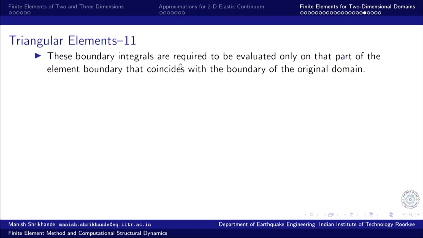So, the boundary integrals are only required to be evaluated on that part of the element boundary that coincides with the boundary of the original domain. So, the element boundary is the same as part of the original domain boundary.